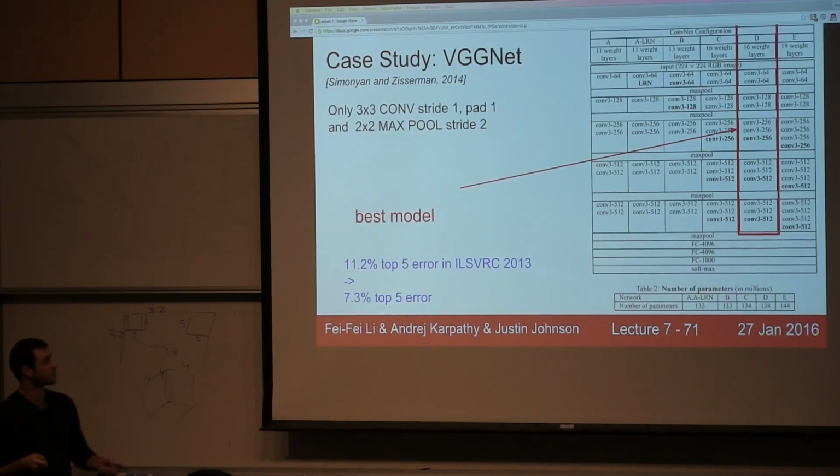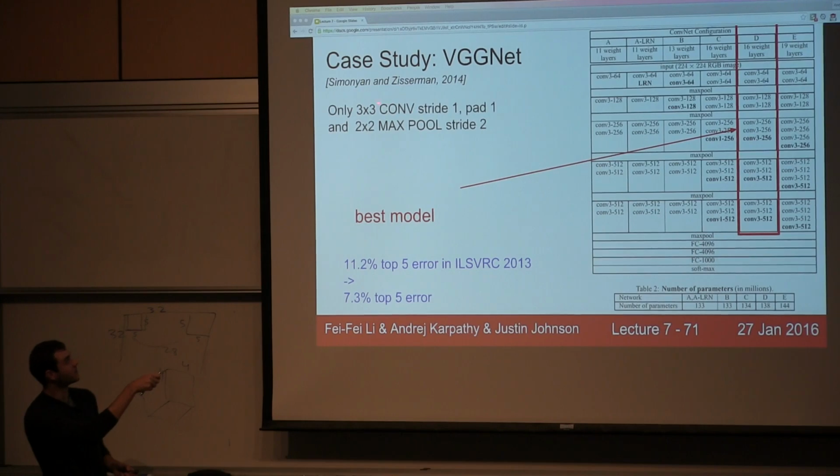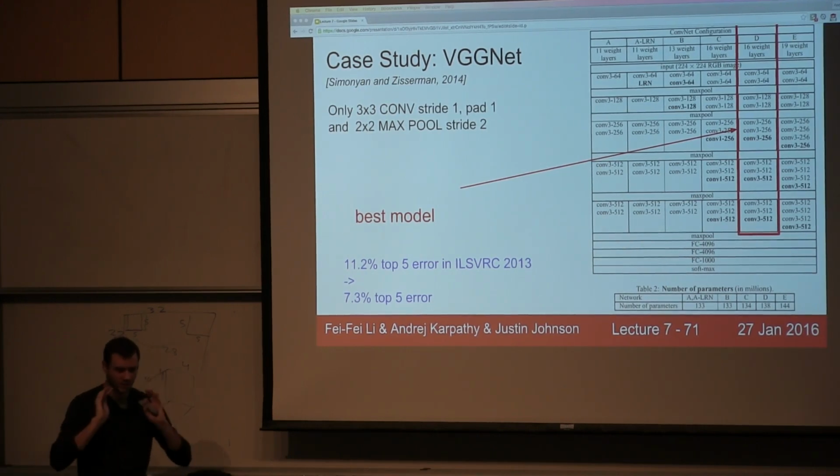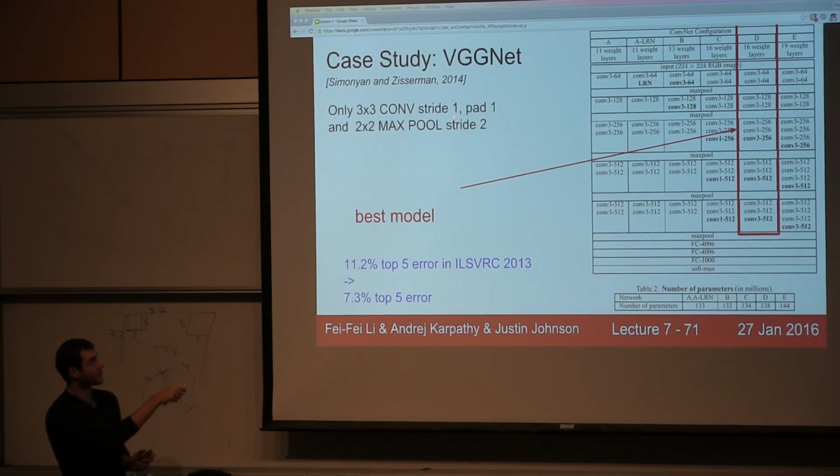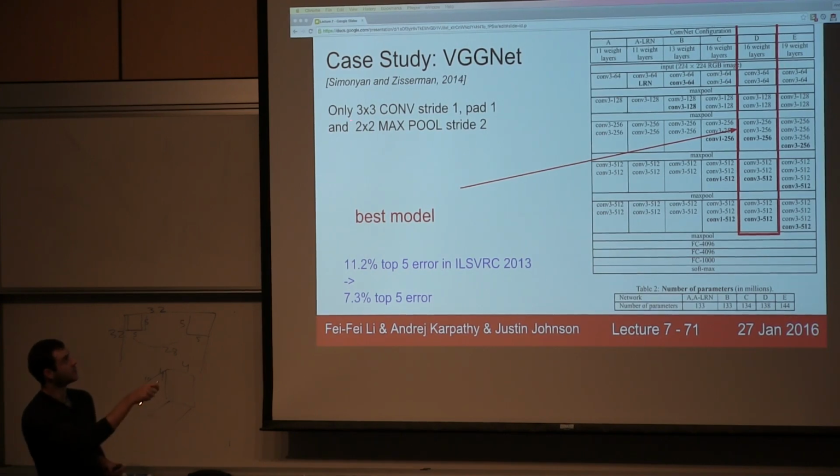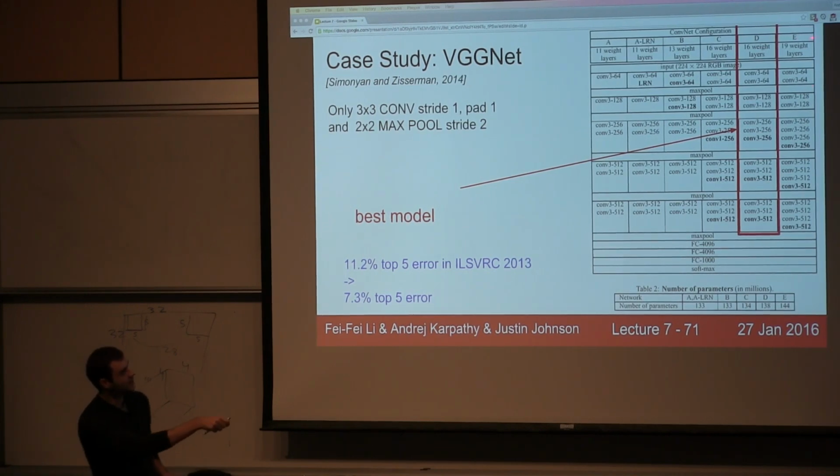So in VGGNet, Karen Simonyan and Andrew Zisserman just said, okay, throughout the convolutional network let's commit to using 3x3 conv stride 1 with pad 1 and 2x2 max pool of stride 2. That's the only spatial dimensions we're using. So throughout the entire ConvNet, we're just using these, and now it's just about how many you put in there. And it turned out that a 16-layer model, I think this one, ended up performing best.